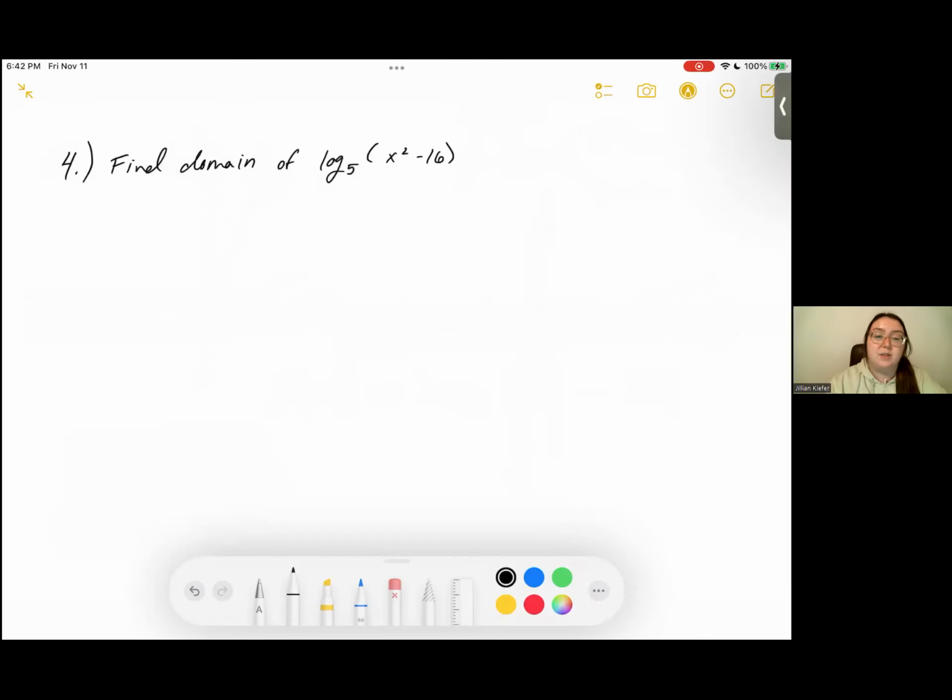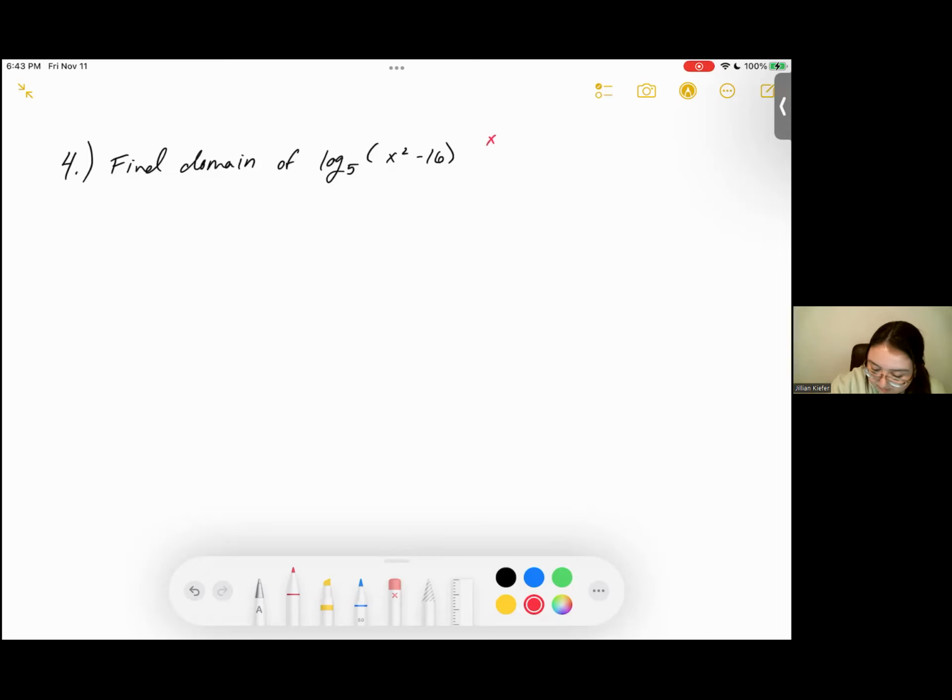All right, so for example 4, we want to find the domain of this logarithm. And we always end up with questions about domain. It is probably one of the most important topics that we go through in this class. The thing we want to remember is that domains of logarithms do not include negative values of x. So you can't take a logarithm of a negative number, which means that whatever's in those parentheses can never be negative.